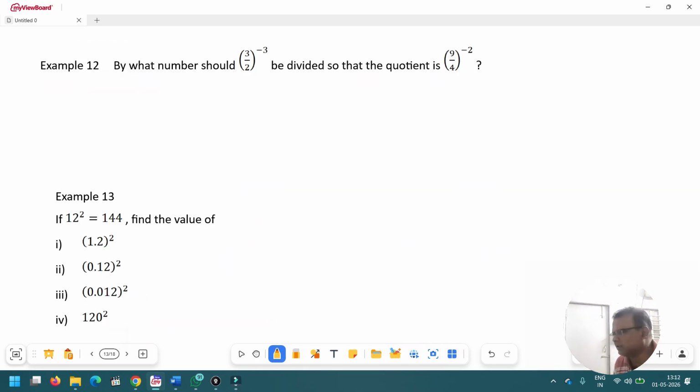Consider the next example. By what number should 3 by 2 to the power minus 3 be divided so that the quotient is 9 by 4 to the power minus 2? Now, let the required number be x.